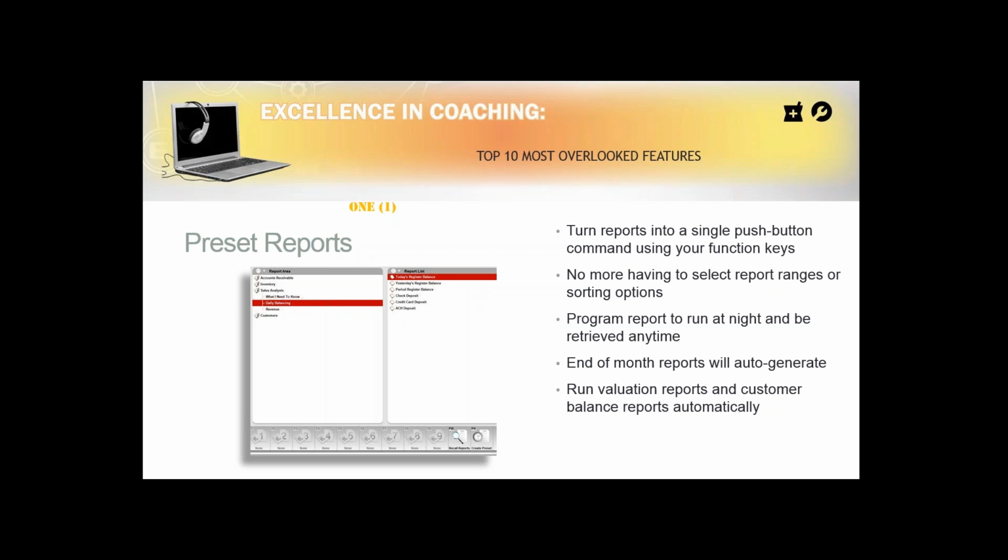You can set those up so that they are just one hotkey, a function key at the bottom of the screen. You can also set those up to run automatically at night, so when you come in the morning, the report will have already been run. It turns these reports into a single push-button command, and it also allows them to run at an off time, so you don't have to worry about it.